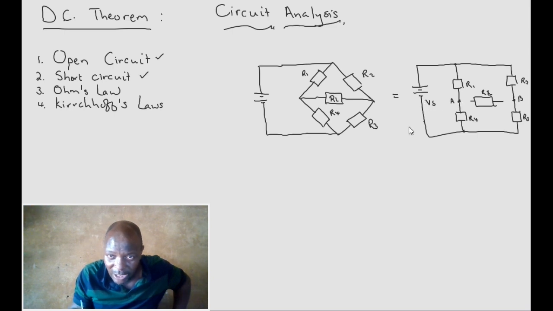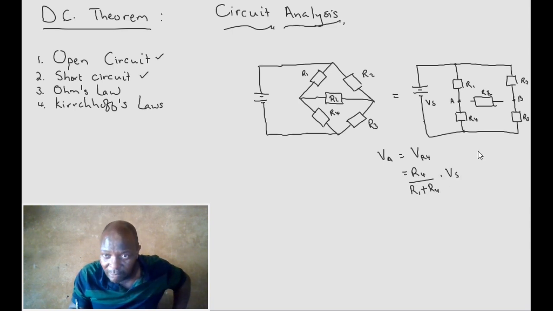The voltage at A will be the voltage across R4. Voltage at point A is the same as voltage across R4. In that case, we mean R4 over the total R1 and R4 times the supply.